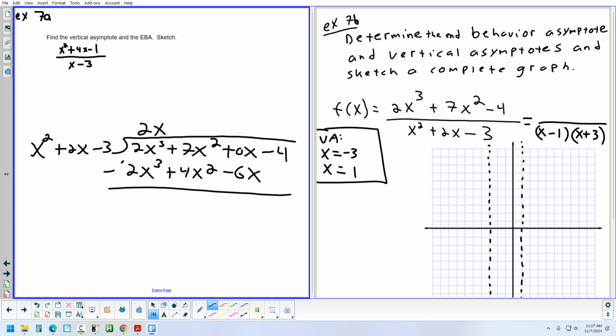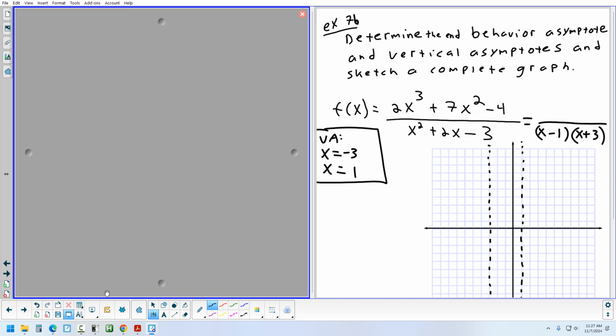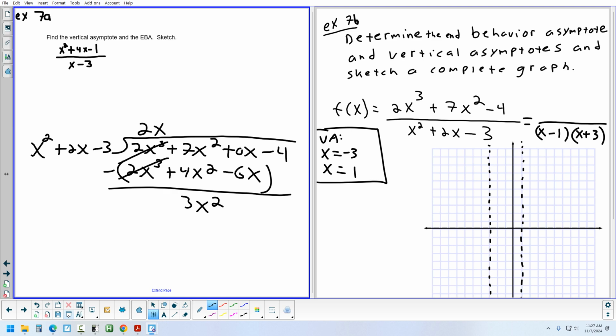Subtract them. 2x cubed minus 2x cubed is gone. What's 7x squared minus 4x squared? 3x squared. And what's 0x minus negative 6x? Positive 6x. And bring down your negative 4.